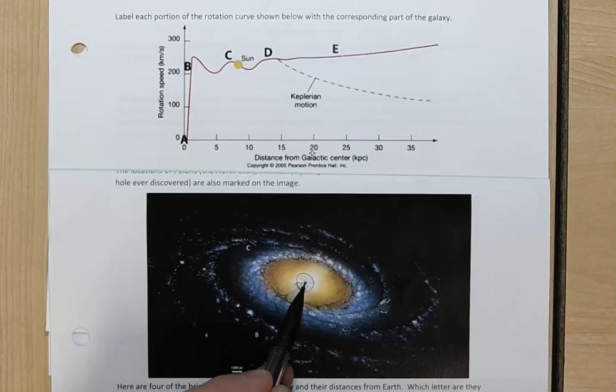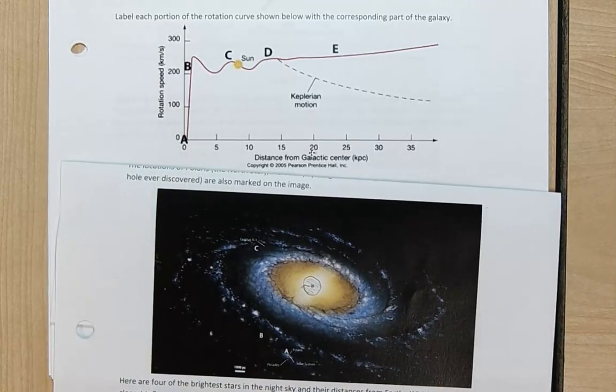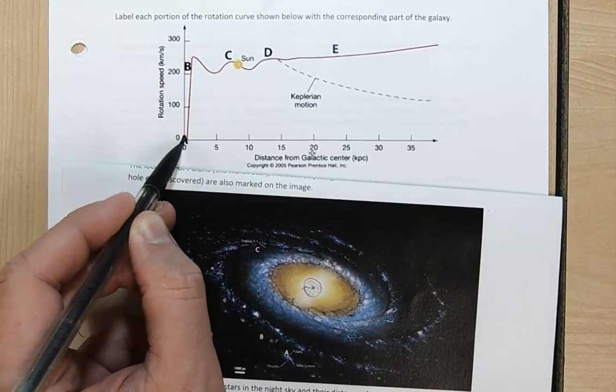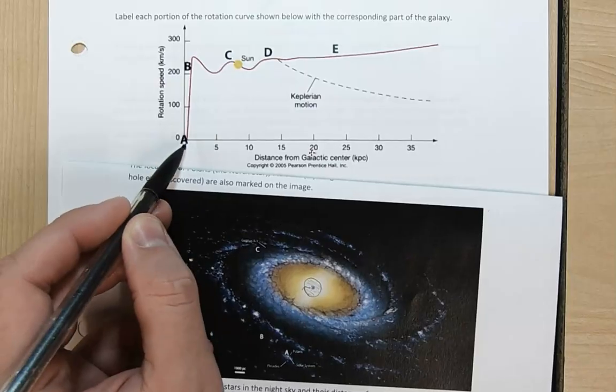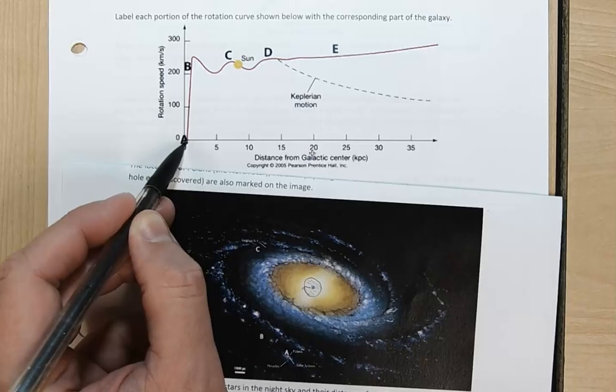And if there's no mass inside of your orbit, then there's no gravity to pull you into orbit. So you're just sitting there. A star right at the center of the galaxy, or let's say a black hole at the center of the galaxy, is not orbiting. It's just sitting still at the center because there's no enclosed mass to pull it into orbit.